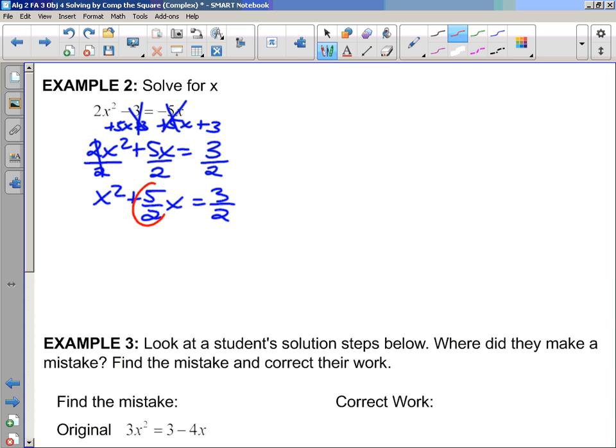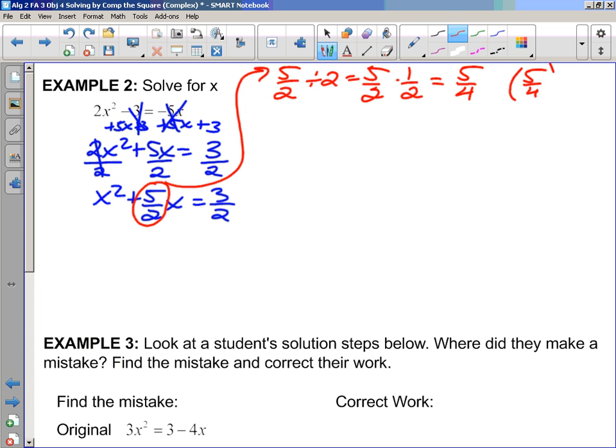So I'm going to take 5 over 2, I'll take it up here, and divide that by 2, which is the same thing as 5 over 2 times 1/2. That turns into 5 over 4. Then I'm going to take 5 over 4 and square it, which is 25 over 16. 5 squared is 25, 4 squared is 16, and that's what I'm going to add to both sides.